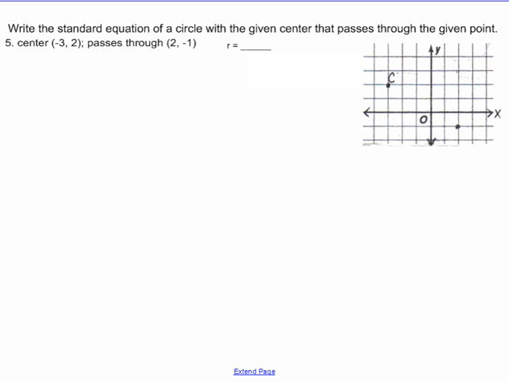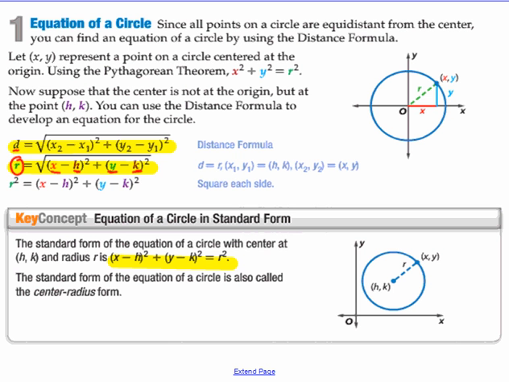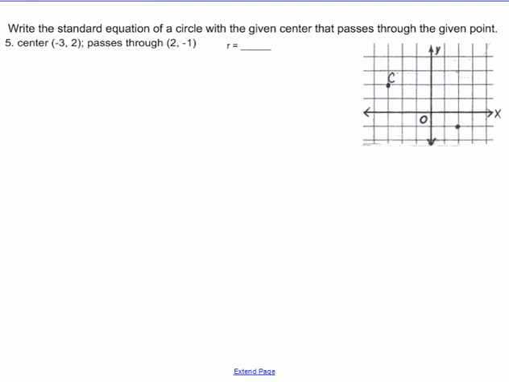Now we have to use some math to figure out the radius because it doesn't give us the radius at all. Like I said at the beginning, we're going to be using this formula right here. They give us x1 and x2 to figure out the radius.